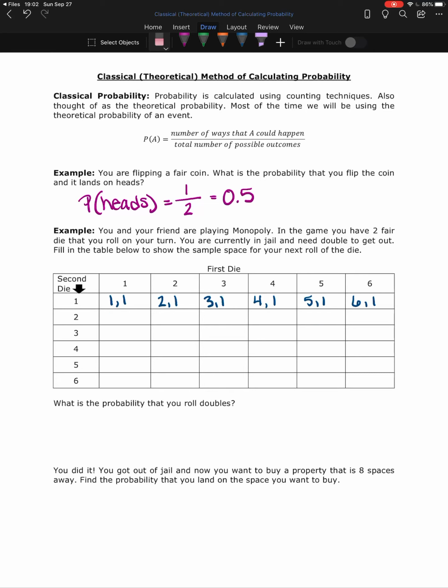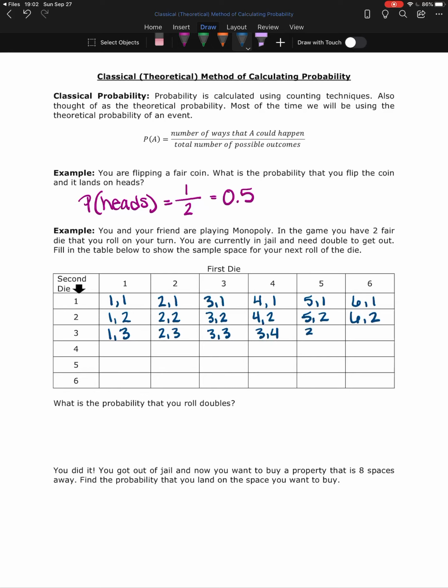second die is a 2. So now we have a 1 on the first die and a 2 on the second die. Then we have a 2 and a 2, a 3 and a 2, 4 and a 2, 5, 2, 6, 2. So now I'm up to 12 possible outcomes, but I'm still not done. This row is going to be all of the possibilities where the second number is a 3.